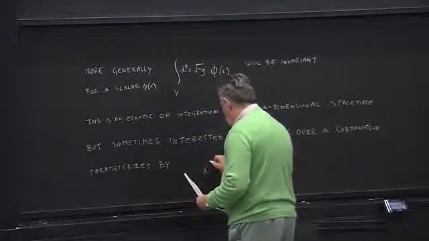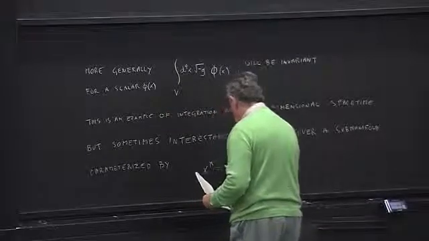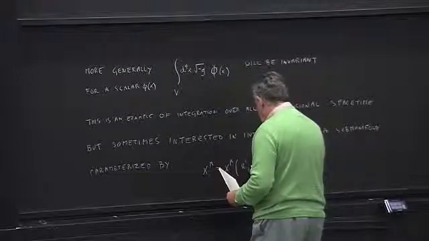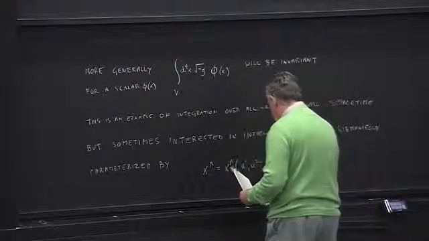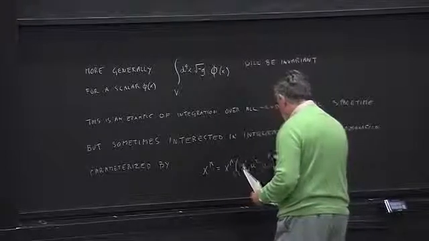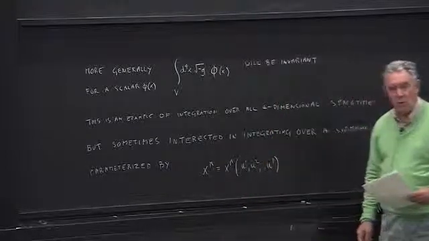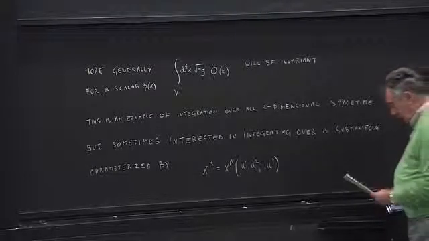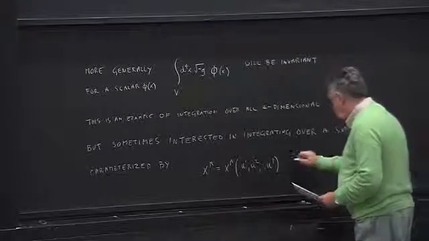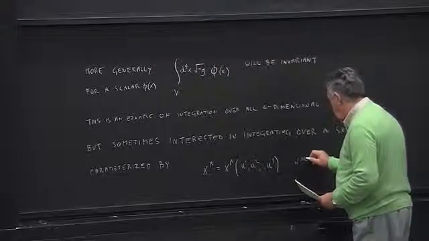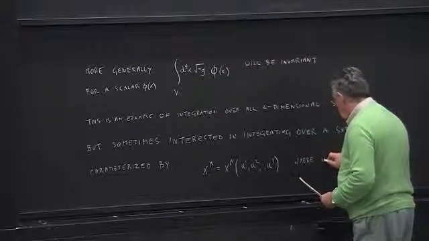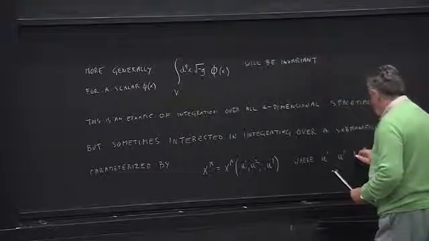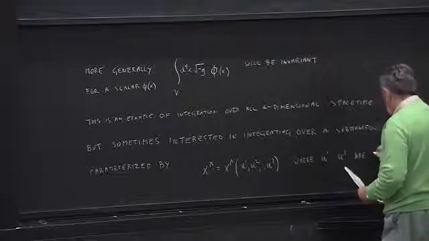Well, we write our four coordinates, x mu, as a function of u1, u2, up to up, where these are the coordinates of the subspace.